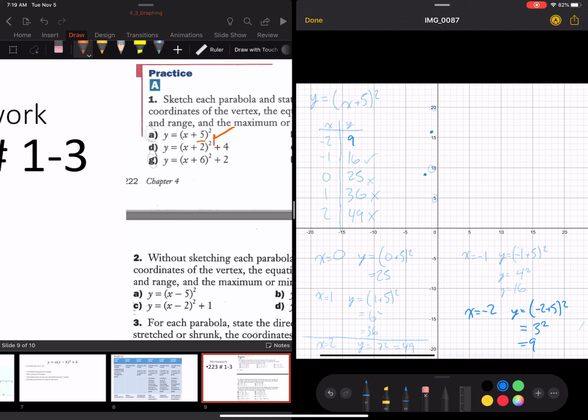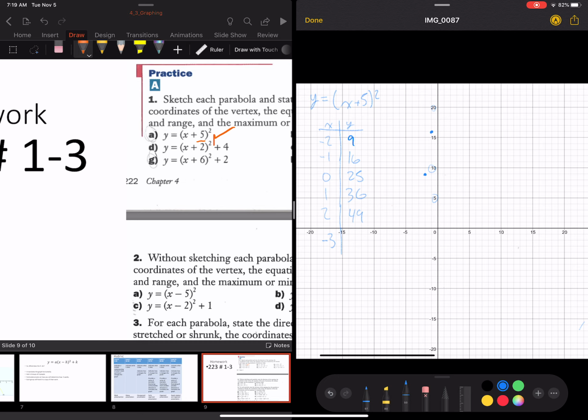Let's erase some of this over here. We need more space and more calculations. What about when it's minus 3? It seems like more of my graph is in the negative section.